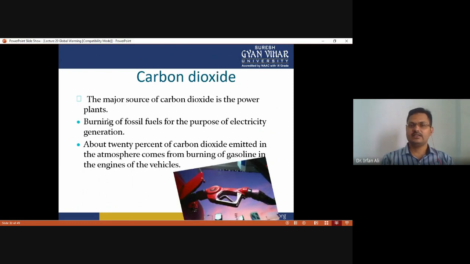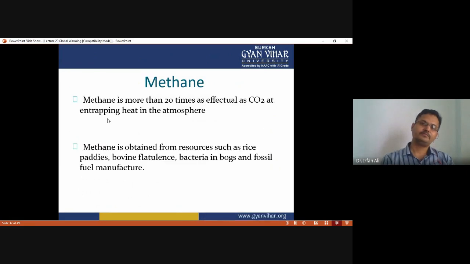The major source of carbon dioxide is the power plants and burning of fossil fuel for the purpose of electricity generation. Around 20% of the carbon dioxide emitted into the atmosphere comes from burning of gasoline in automobiles. So these are the major sources of increased carbon dioxide in the atmosphere.